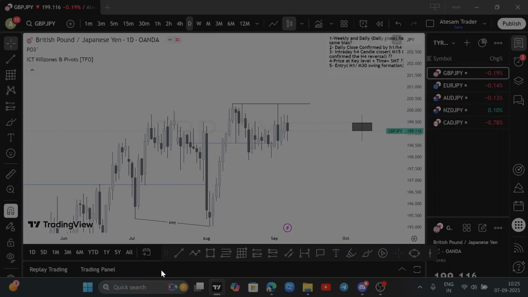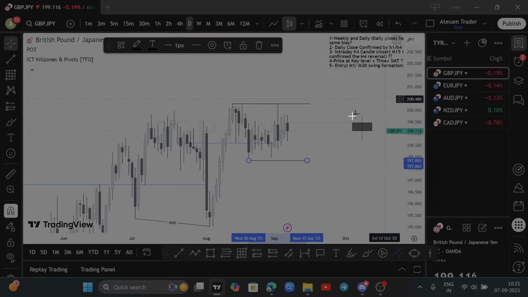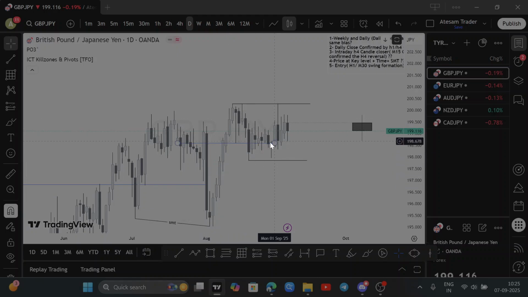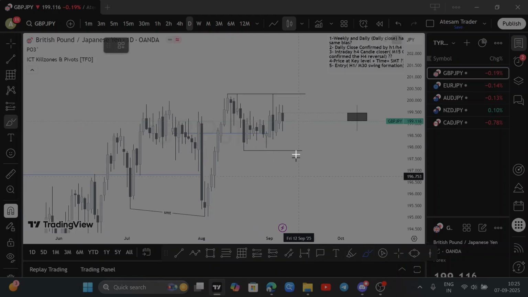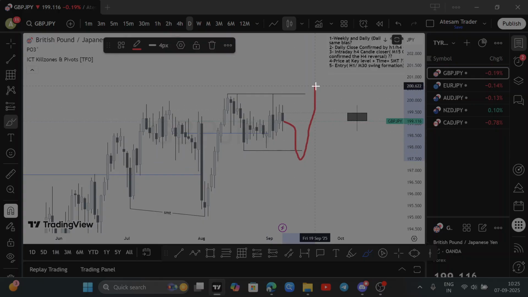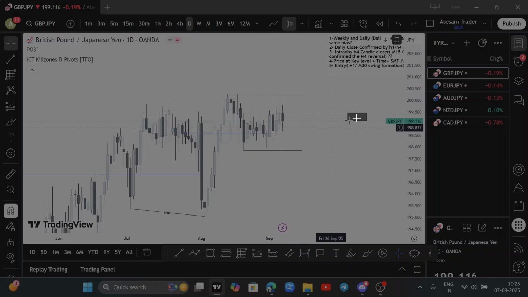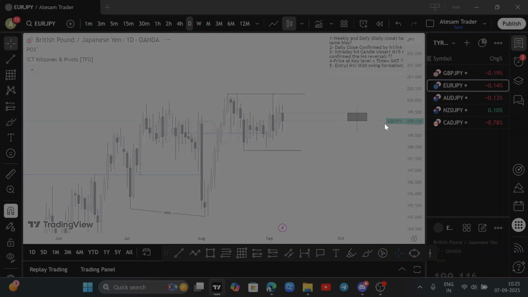But what do we need? We need some kind of sweep. This is a consolidation, so you don't want to get involved here. It is better to engage in the lows and target the highs, or engage at the highs and target the lows. This is the framework we follow when we are in consolidation. In the middle of this, we have no business here.